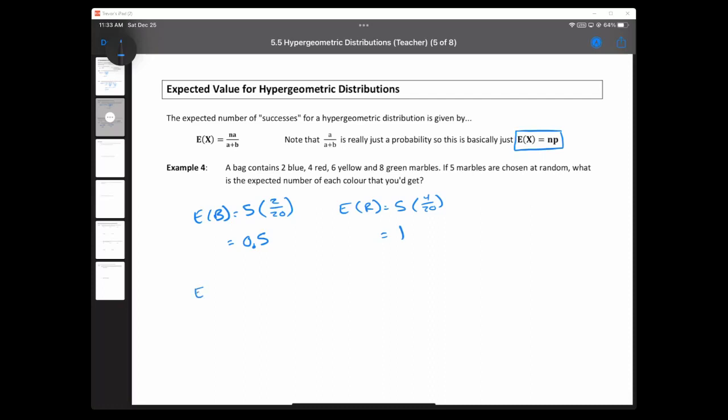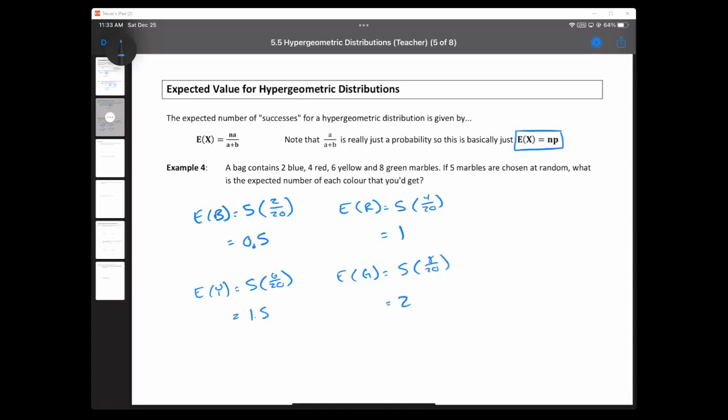Expected number of yellow is 5 times 6 out of 20, which is 1.5. And expected number of green marbles is 5 times 8 out of 20, which is 2.